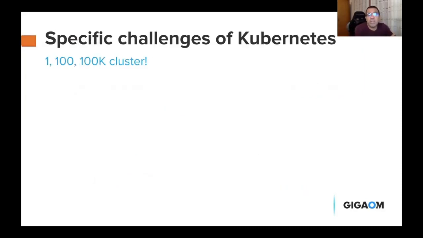Let's start with talking about the challenges of Kubernetes. The first challenge is the fact that Kubernetes is a complex tool, and there are several ways to deploy it. The first trend that is common practically everywhere is that you can decide if you want to have a single cluster with multiple applications deployed into it.